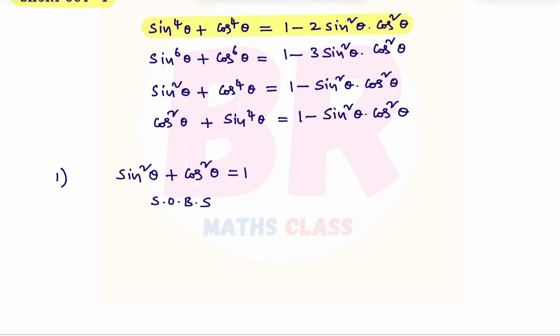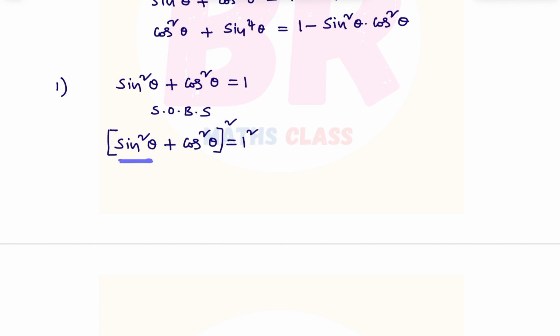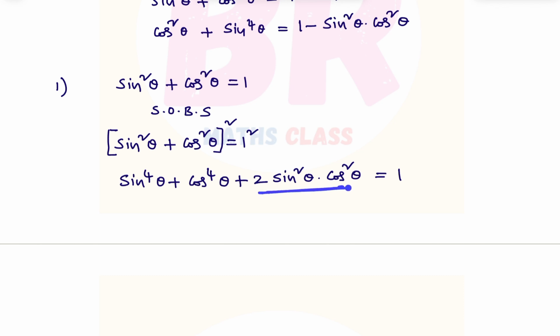When you square on both sides, the left-hand side looks like (a plus b) whole square. Use the (a plus b) whole square formula. A square, that is sin^4 theta, b square, that is cos^4 theta, plus 2ab, 2 into sin^2 theta into cos^2 theta equal to 1. Now you take this 2 sin^2 theta cos^2 theta to the right-hand side.